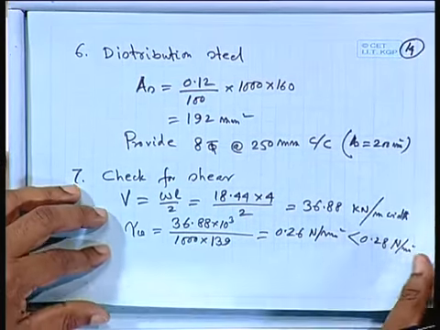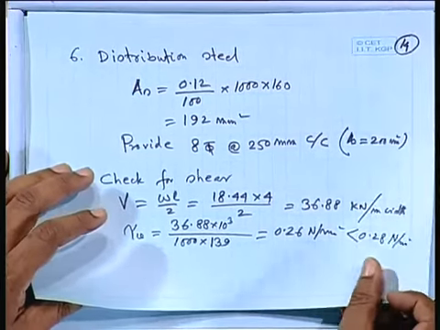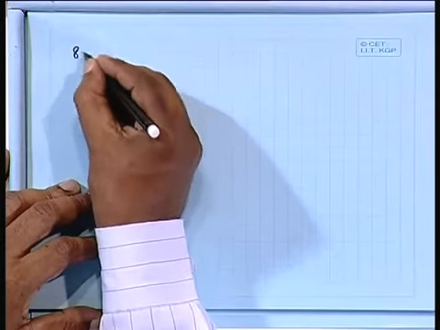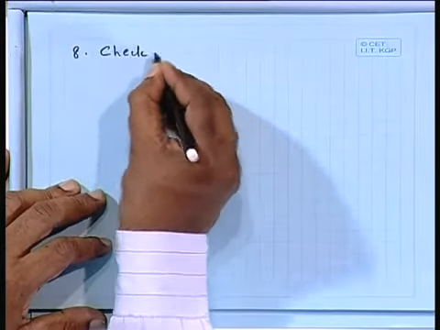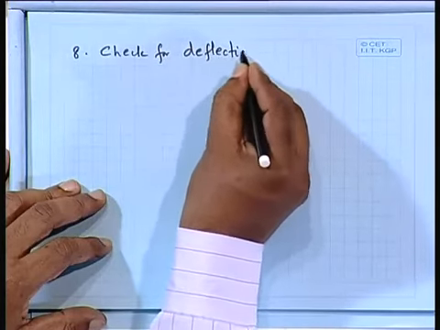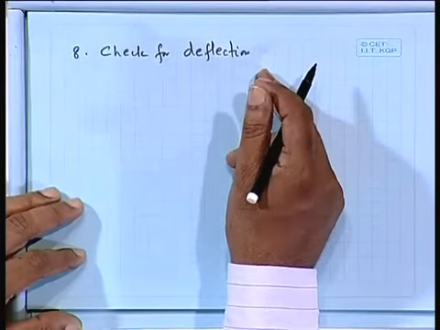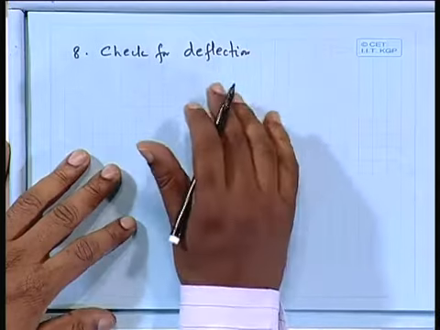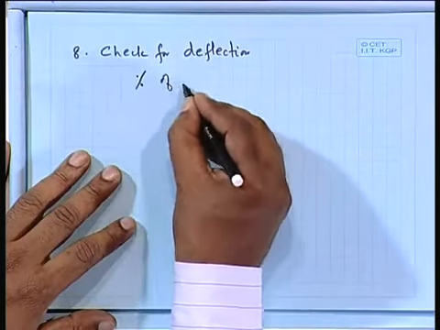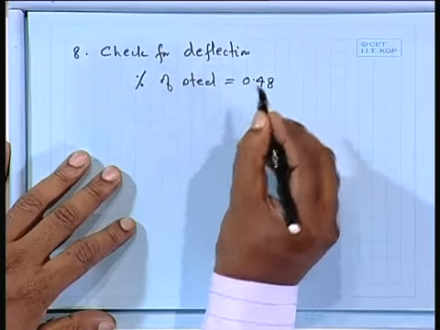Now what about the deflection? We shall check the deflection from the point of view of the L by D ratio. We shall get it from the percentage of steel provided, that is 0.48.